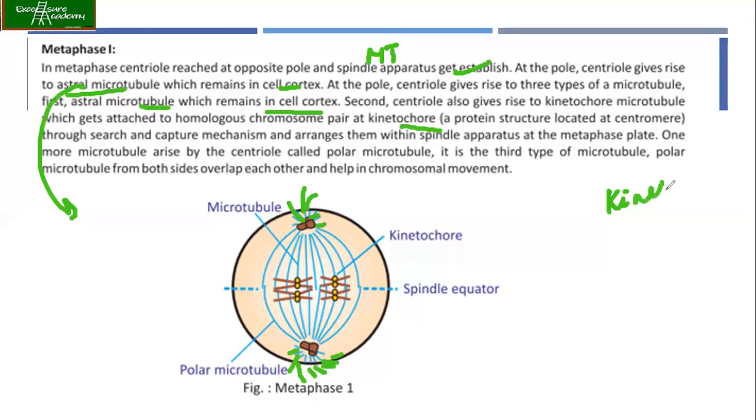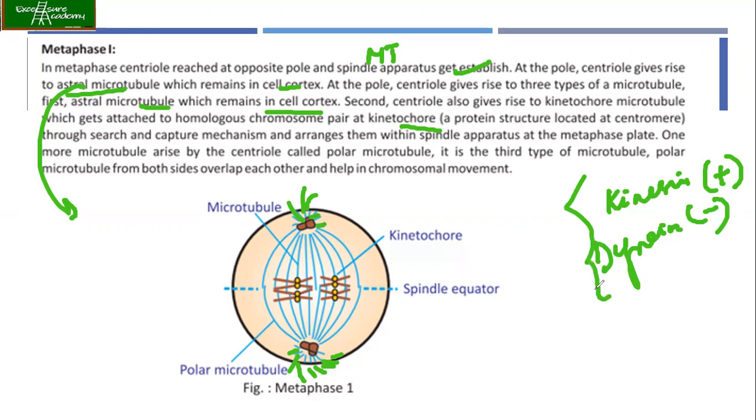Remember, we talked about kinesin, which moves in the plus direction, and dynein, which moves in the minus direction. With the help of these motor proteins, the chromosomes are pushed away from the center towards the opposite poles. These motor proteins work on the polar microtubules. Astral microtubules are present on the cell cortex, while the polar microtubules work like roadways on which the motor proteins move.